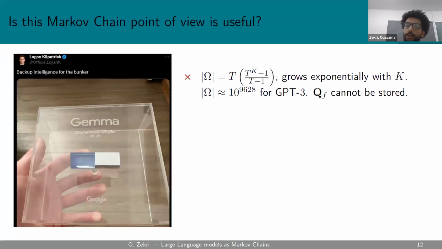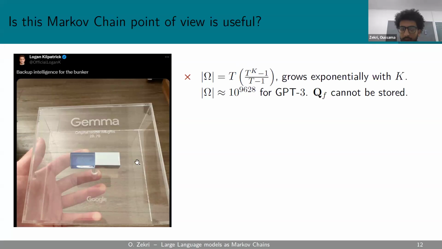But what you can't do is store this enormous matrix. It's impossible. We don't have the technology to do it. Maybe in another galaxy they have it, but we don't. So you cannot really store this matrix.